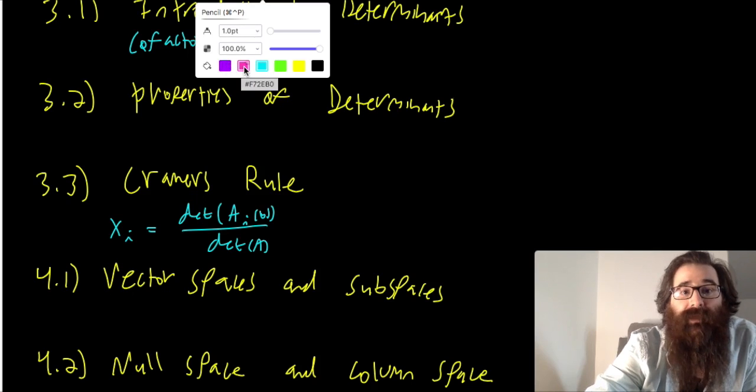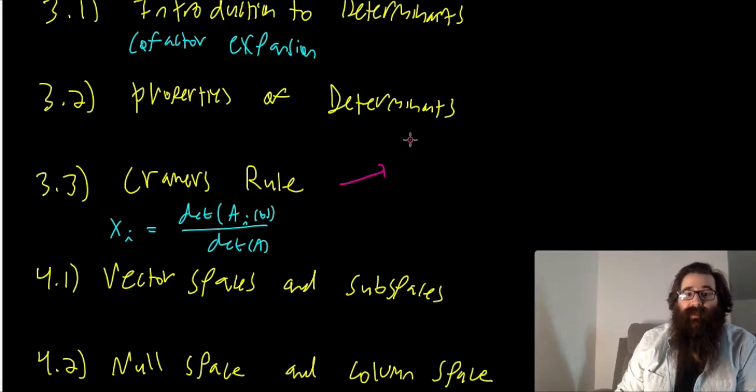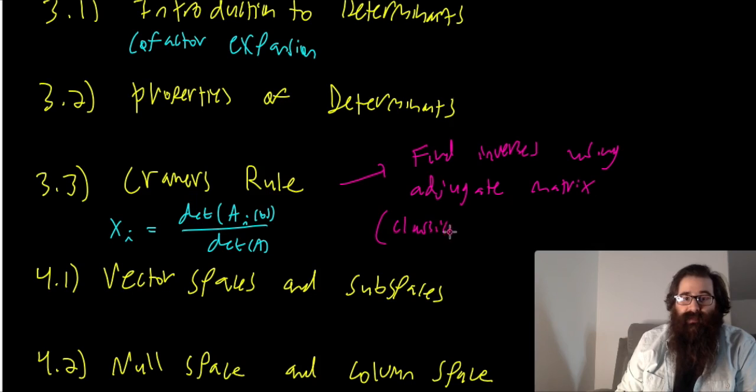Now, there was something else going on in this section that I really want to talk about, and that was finding inverses. So we're able to find the inverse using the adjugate matrix, sometimes referred to, depending on how old the text is, as the classical adjoint matrix.